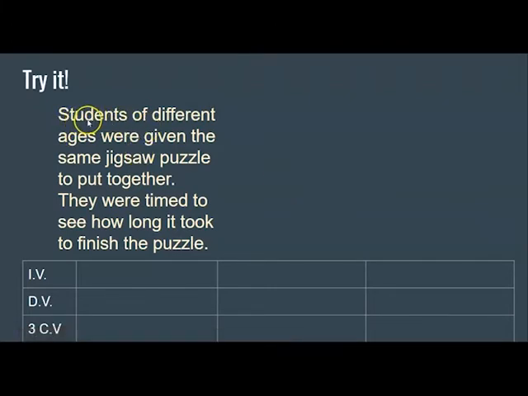For this, students of different ages were given the same jigsaw puzzle to put together. They were timed to see how long it took to finish the puzzle. You need to look at this scenario, figure out your independent variable. What are you changing? What is different? What are we looking at here? And then your dependent variable is, what are you measuring? How are you seeing if it works?